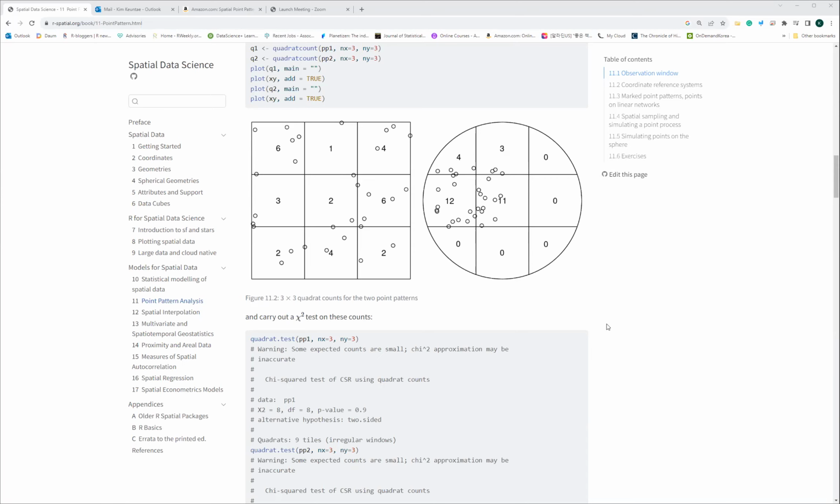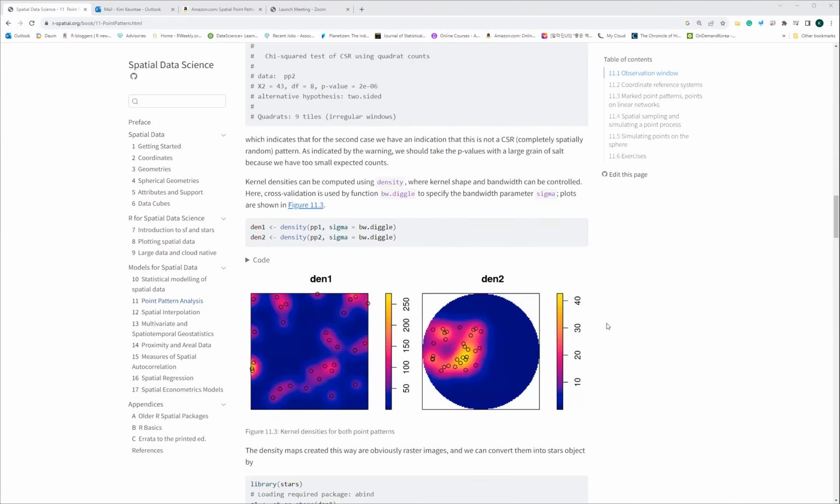To address that gap, the other way we can present the density or intensity of the points is by calculating what is called the kernel density function. These two are very good examples of the kernel density function.